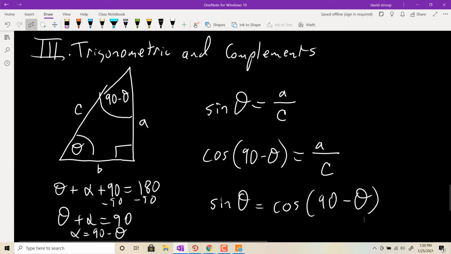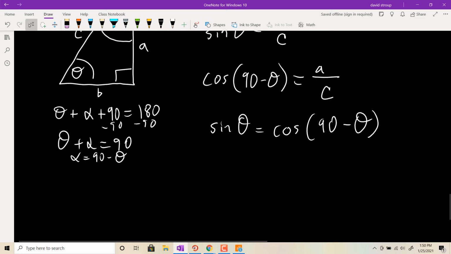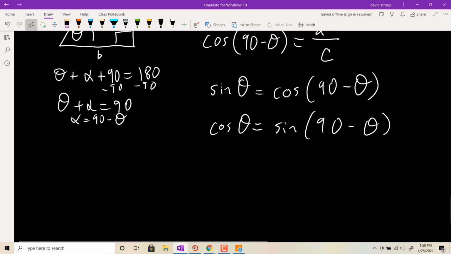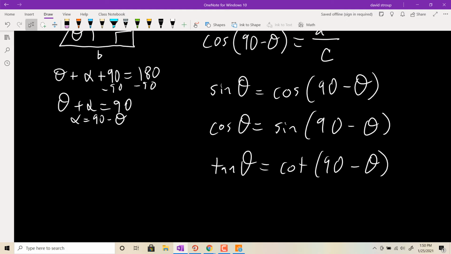Okay. And that works in the reverse way, right? Because then you'll note cosine theta must be equal to sine of 90 minus theta. And it turns out you could do that with all the complementary trig functions. So you'll have, of course, tan of theta is equal to cotan of 90 minus theta, and so on and so forth.